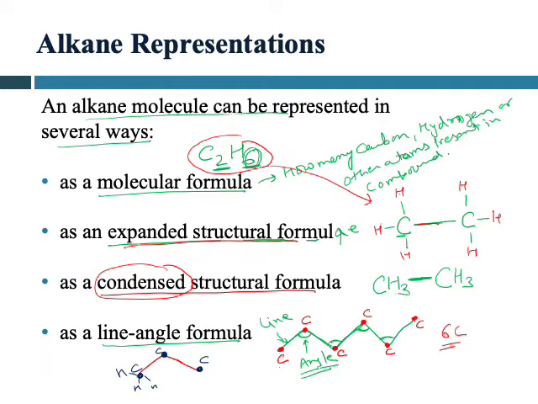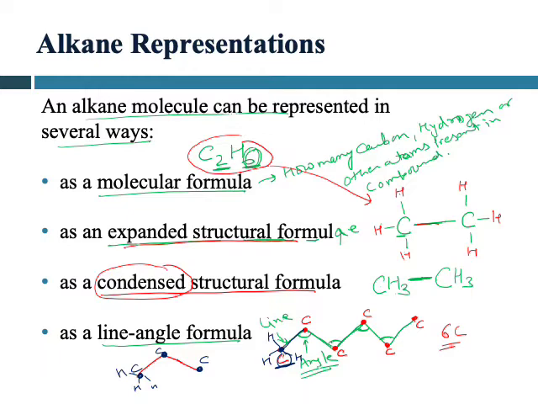Why? Because we already know how many hydrogens are attached to the carbon. For example, let's take this carbon. How many hydrogens do you think are attached to this carbon over here? 1 2 3 4. How many? So it has to be 3, right? Because this carbon already has one bond to the second carbon. So how many more bonds does this carbon need? 3.